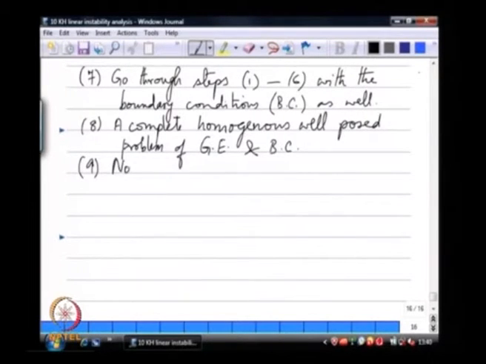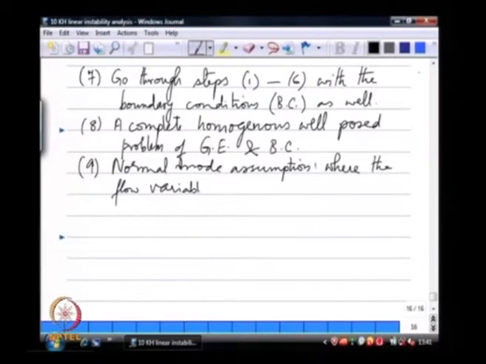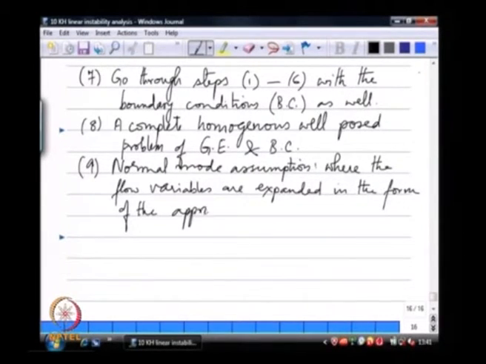Okay, the next process we went through was to make the normal mode assumption, where the flow variables are expanded in the form of the appropriate eigenfunctions.